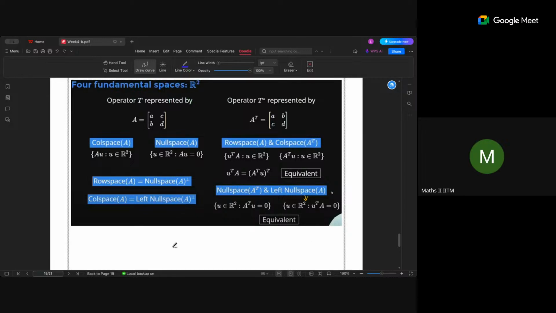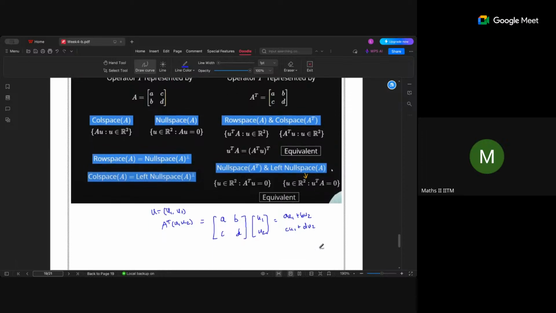You see that A transpose U, with U equal to U1 U2. Now what is A transpose times U1 U2? Your A transpose is given by this matrix A, C, B, D, and you have U1 U2. So you end up with AU1 plus BU2, and then CU1 plus DU2.